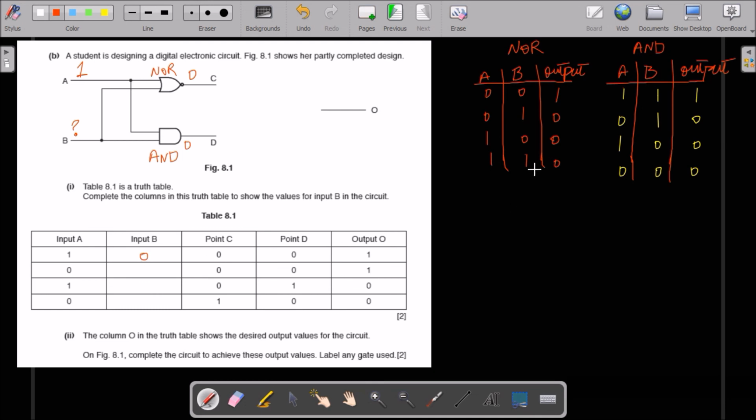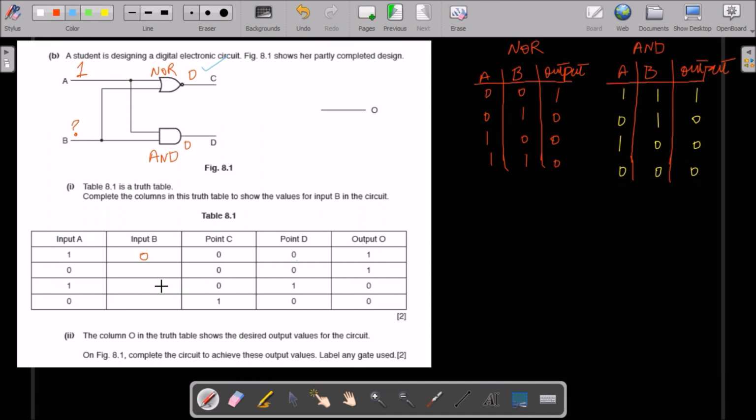Okay? 1 and 0, so output for NOR is 0. So this is right. Now check for D. A is 1 and B is 0. For AND truth table, 1 and 0, the result is 0. So look at D, D is 0. So for input B, you should put 0.